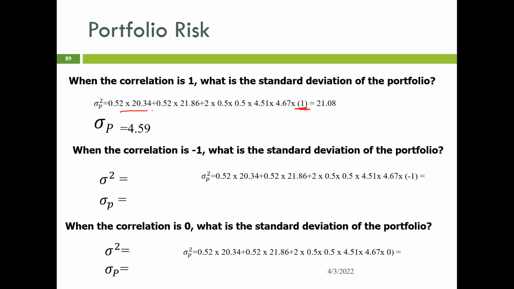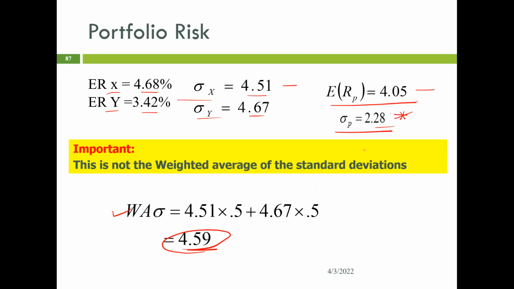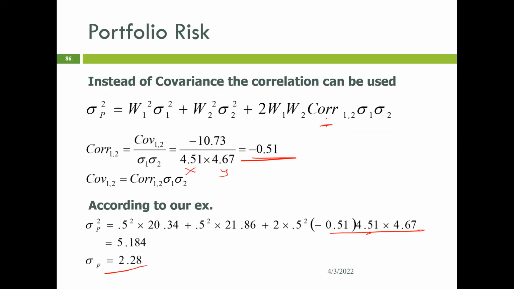Simply you can solve this formula. The only thing I have put here is, instead of this correlation 0.51, minus 0.51, I have replaced 1. Everything else is the same.